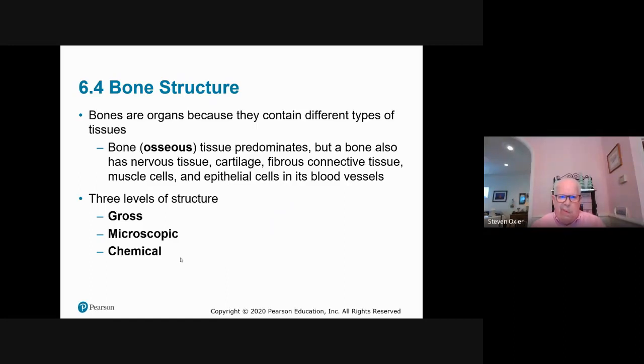I want you to know that bone is highly vascularized. If you broke both of your femurs, you could easily die in shock because those are the biggest bones in your body and therefore have the biggest blood supply. Okay? So let's talk about structure.